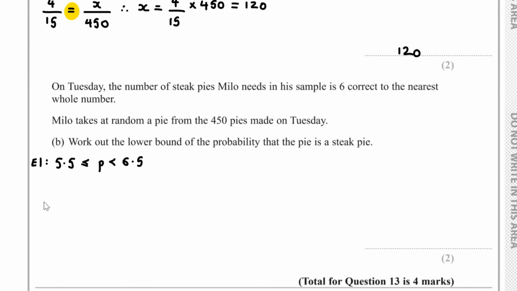Okay, so we've got 5.5 because we're considering the lower bound over 15, and this is the same as y, which is number of steak pies, over 450. So these are equal. So we found out what y is.